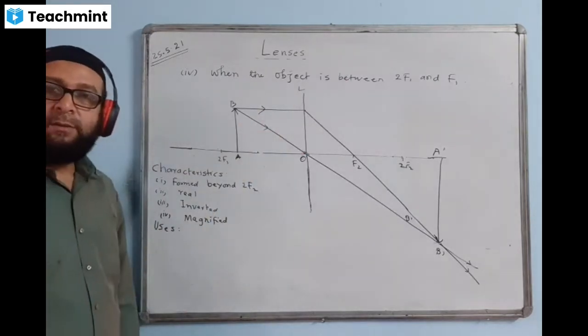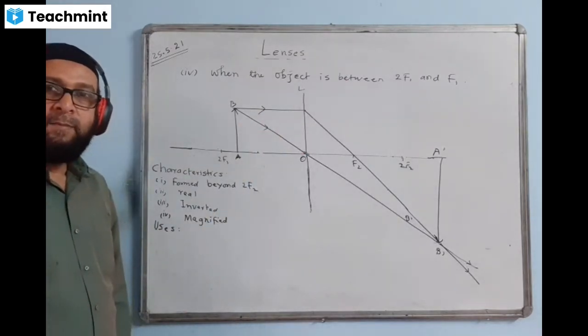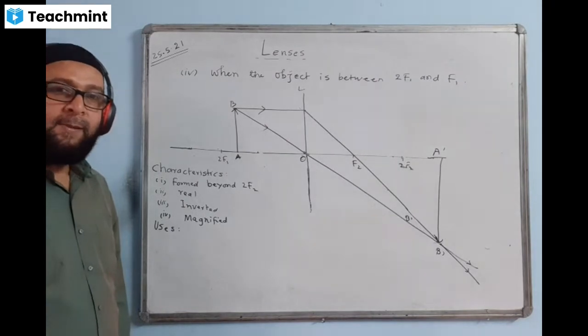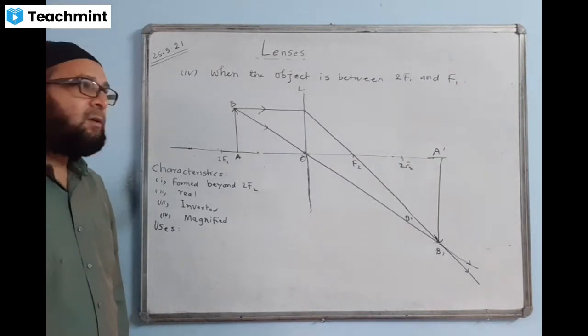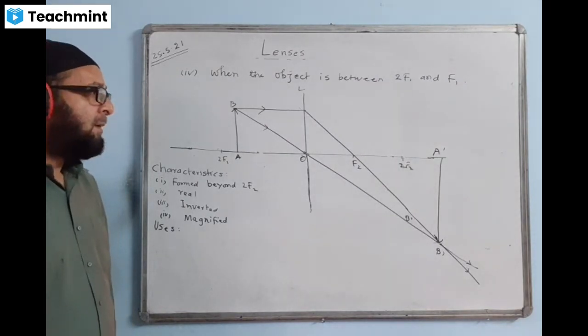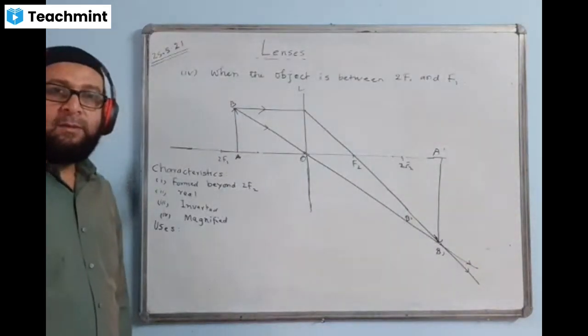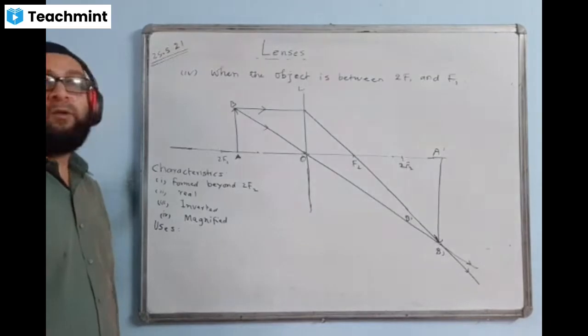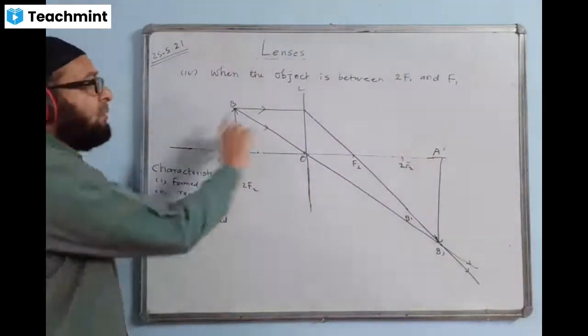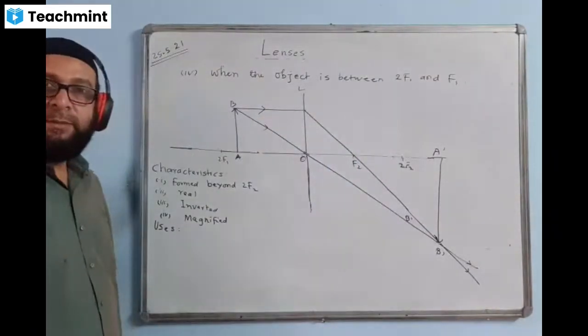The observer has to be always on the opposite side of the object. Object is there, the observer must be on the other side in order to see the image.